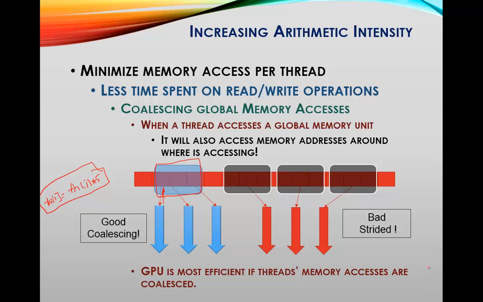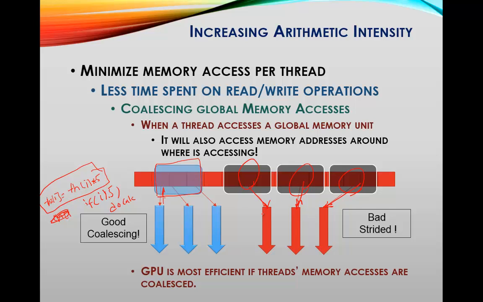Bad coalescing is when you have strided access. For example, if my threads do something like: for every thread i, if i % 5 == 0, then do the calculation. This thread needs to work on this data, that thread on that data, and another thread on yet another.